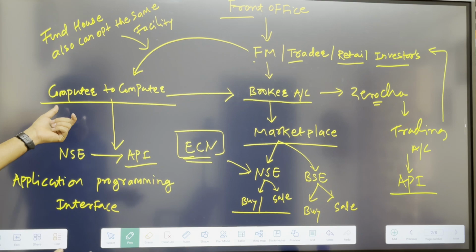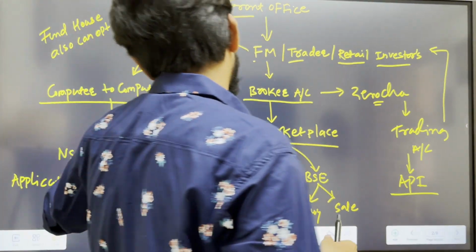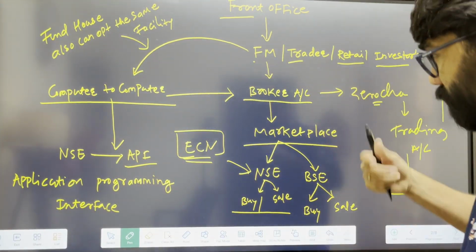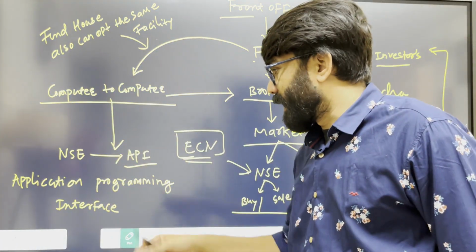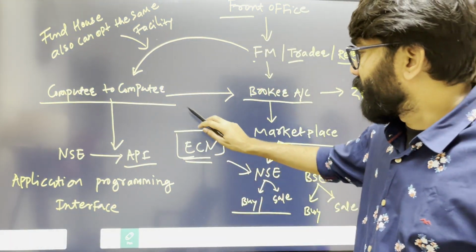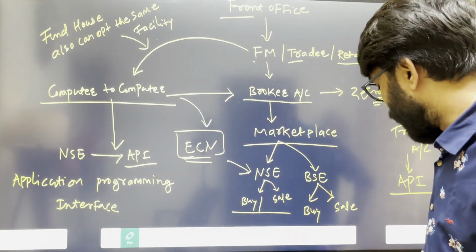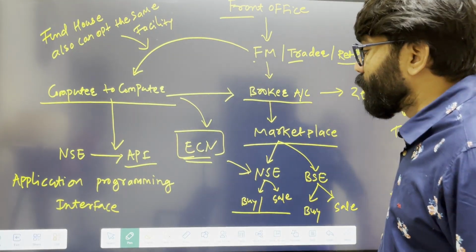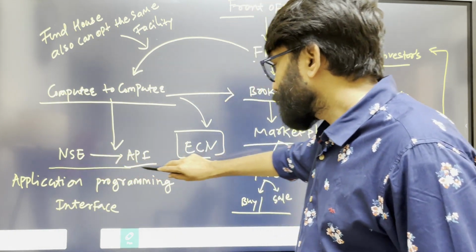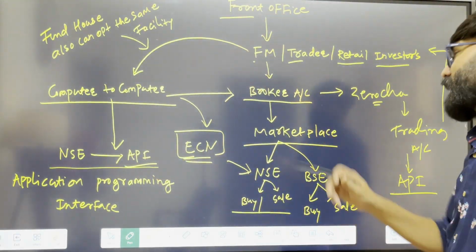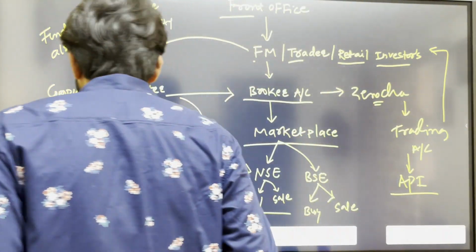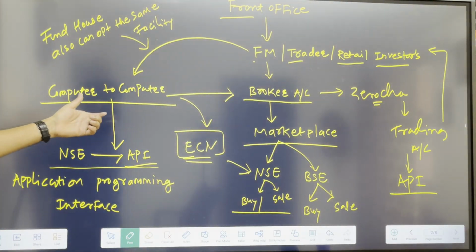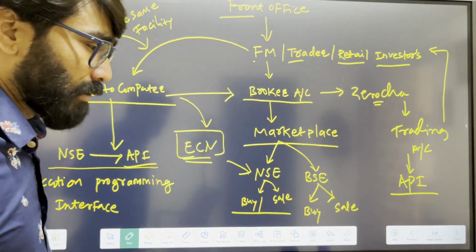The point was about computer to computer trading. If you want access to computer to computer trading, that means if you want access to the ECN, the electronic communication network system, then you can apply for an API. And the point here is that fund managers, traders or brokers, prime brokers, custodians, and investment banks apply for the computer to computer trading facility.